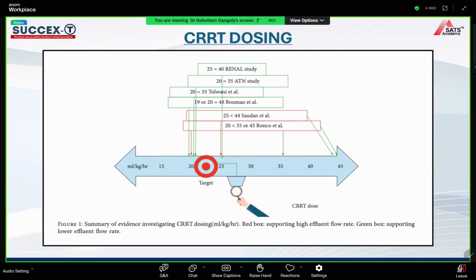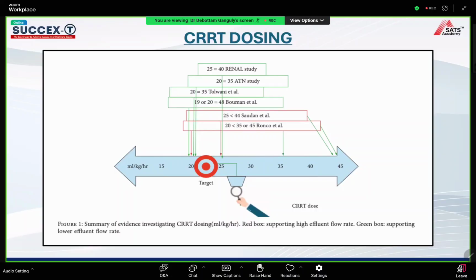During that time we have to stop the CRRT. For any reason, if the patient is that critically ill, for a time being we have to stop the CRRT. So ultimately the total prescribed dose is not received by the patient. The drug dose is not adequate as per our prescription. It may be changed according to the condition of the patient.